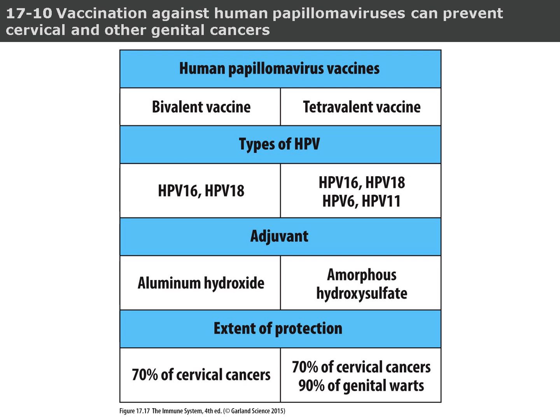The bivalent vaccine uses aluminum hydroxide as an adjuvant, while the tetravalent vaccine uses amorphous hydroxysulfate. Both vaccines provide about 70% protection against cervical cancers, and the tetravalent vaccine also offers 90% protection against genital warts.